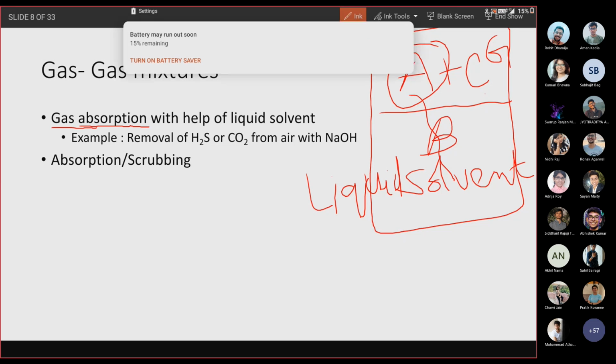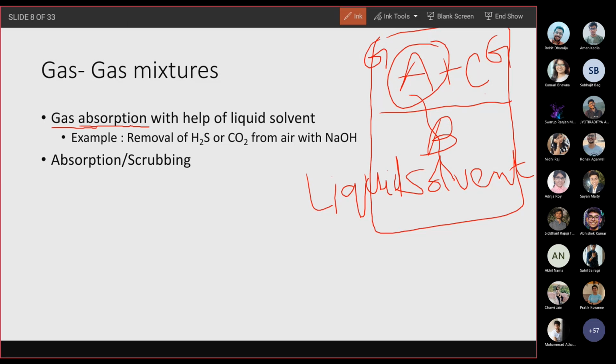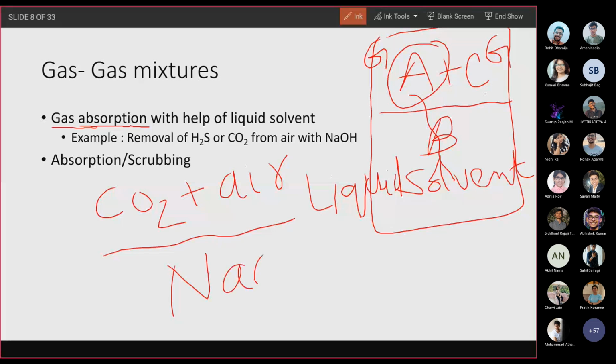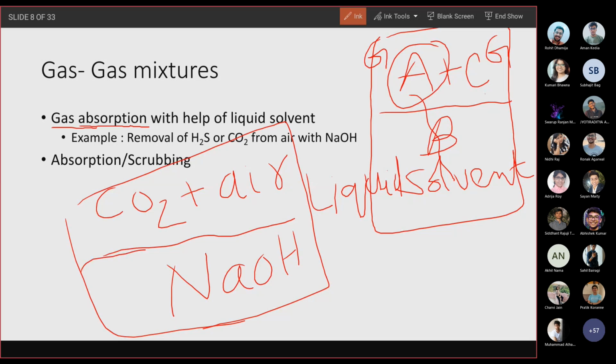For example, we have CO2 present in the air, and we wanted to remove this CO2. So if I add NaOH into this container, I have liquid NaOH at the bottom, and on top of that we have CO2 and air.